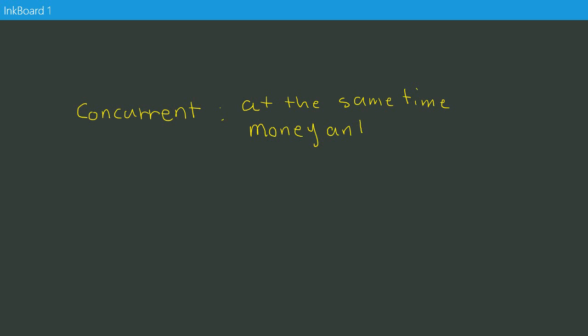I'll write down here again for your clear understanding. Concurrent, meaning that at the same time, money and product.